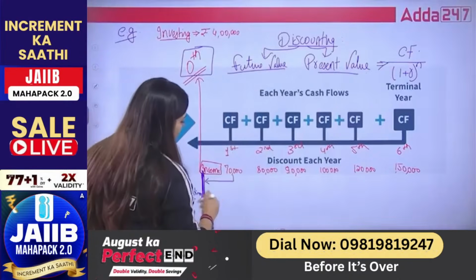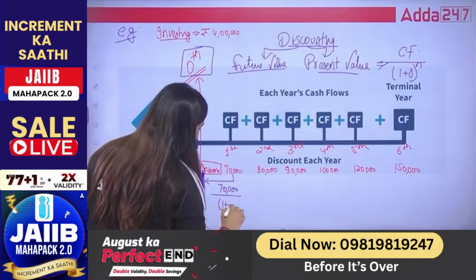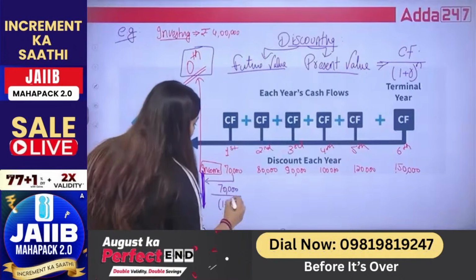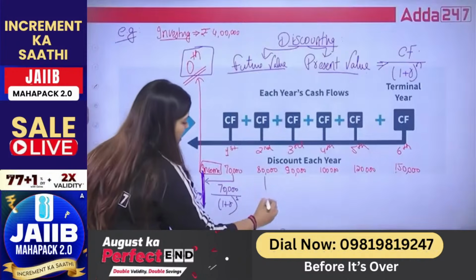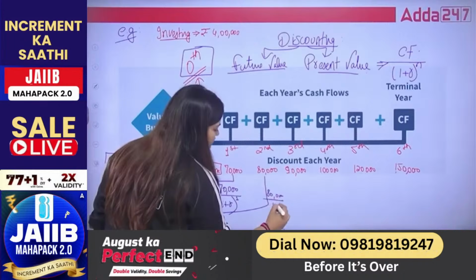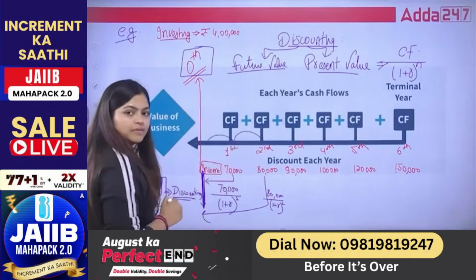So whatever income you are generating in your first year, that is 70,000 divided by 1 plus r, whatever rate they provide, every time they will provide it in the question, to the power 1, because 1 year you are going to bring it back. Okay? Same for the 80,000: 80,000 divided by (1 plus r) to the power 2, because 2 times you are going to bring it back.